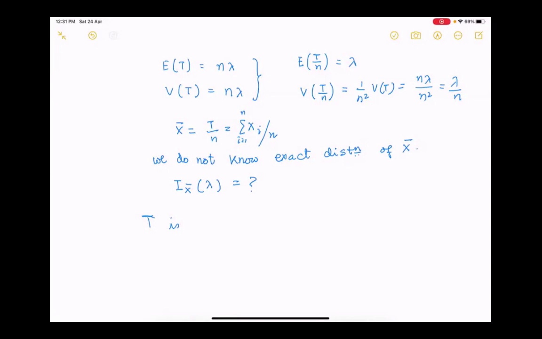Okay. So if I cannot solve this problem directly, can I solve it indirectly? Now I'm motivating you in another direction.